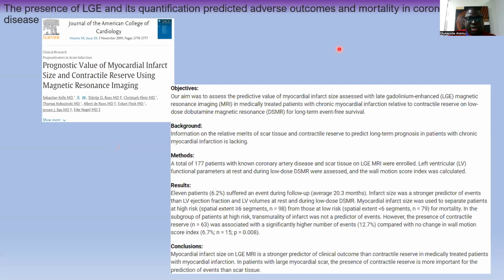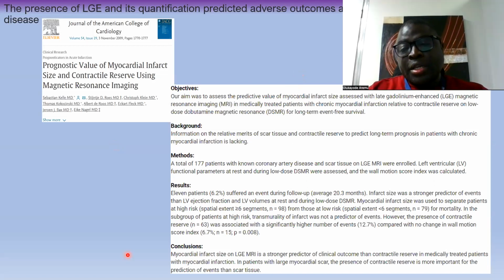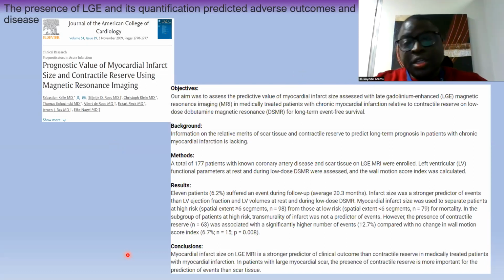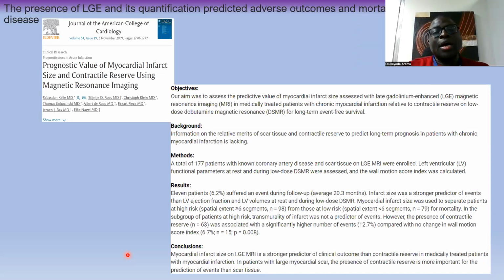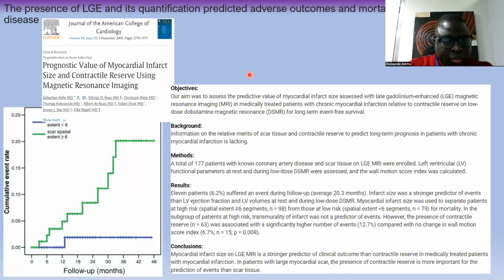So of importance here is that they concluded that the myocardial infarct size is a stronger predictor of clinical outcome than contractile reserve in medically treated patients. So what we're trying to establish here is that LGE, late gadolinium enhancement, has been widely used, and the prognosis is actually right, like it predicted adverse outcomes. Okay, so this is just after the follow-up showing the prediction.